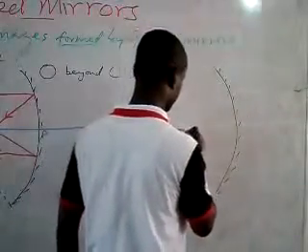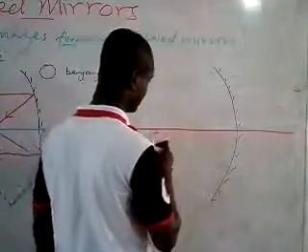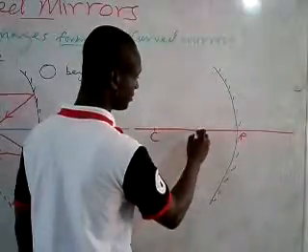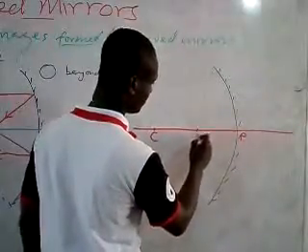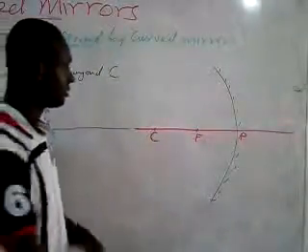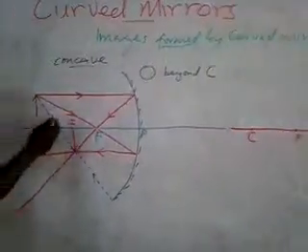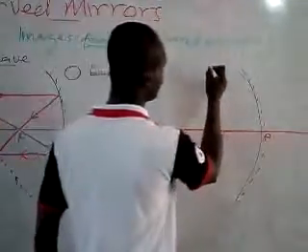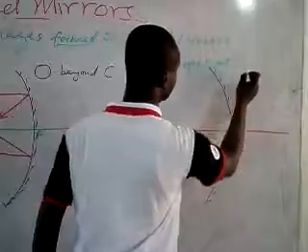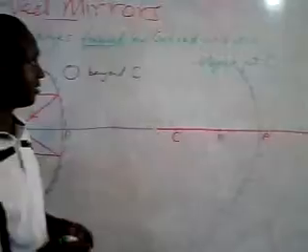Let me draw the principal axis, the center of curvature, P, then the principal focus, F. Now, we are going to push the object to C. So you can say object at C. That means object at center of curvature.